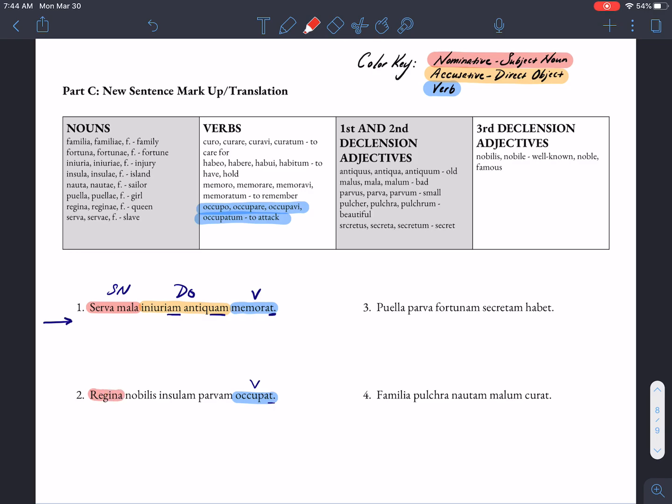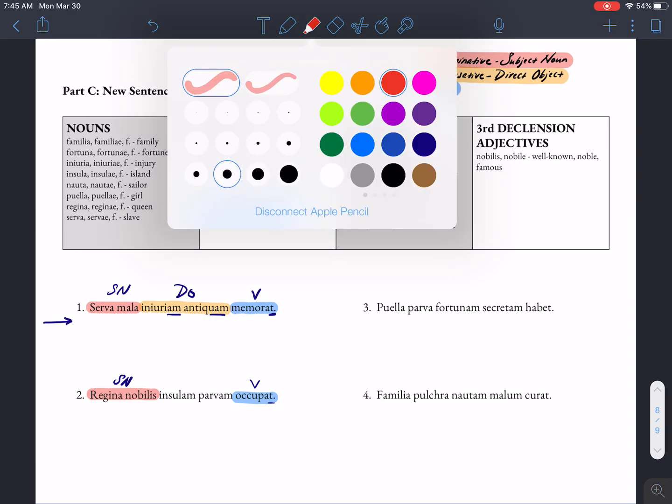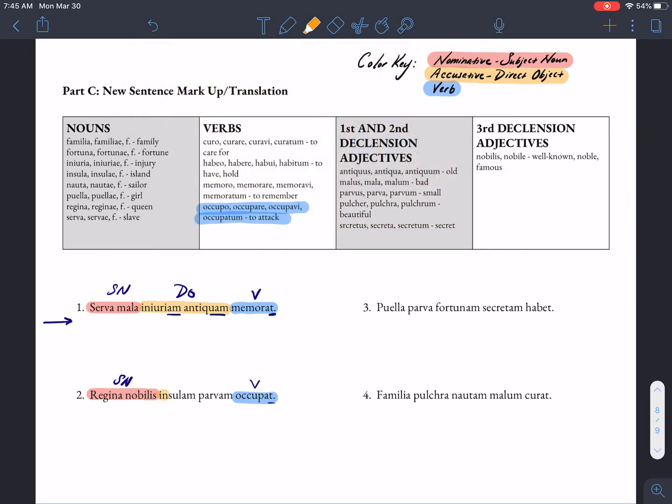Now regina is right next to nobilis, so those two things go together. Sorry, let's redo that highlight, because otherwise it's going to bug me. So regina nobilis. They're both agreeing in gender, number, and case. So they're both nominative, both singular, and both feminine. Now insulam and parvam have the same ending, so once again, it's easy to tell that they agree in gender, number, and case.